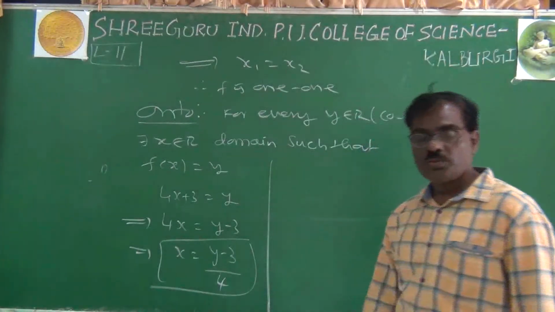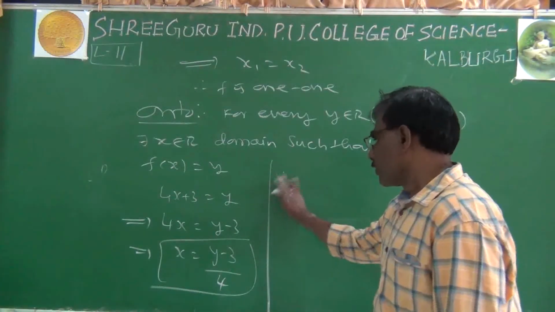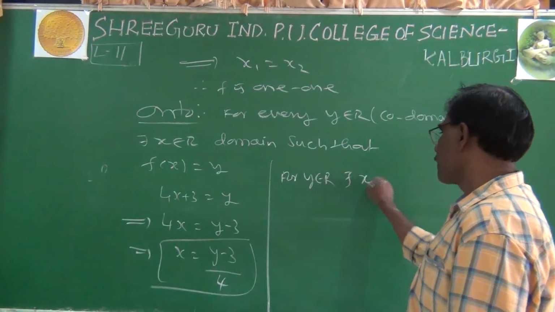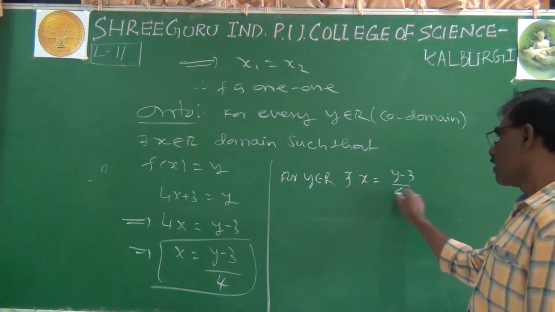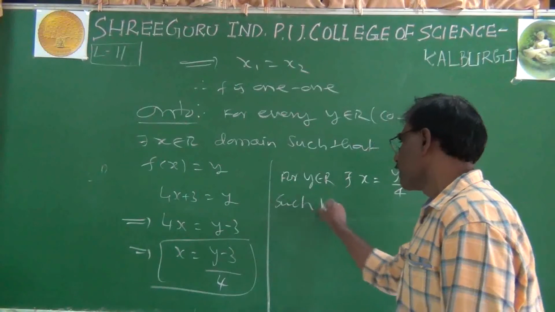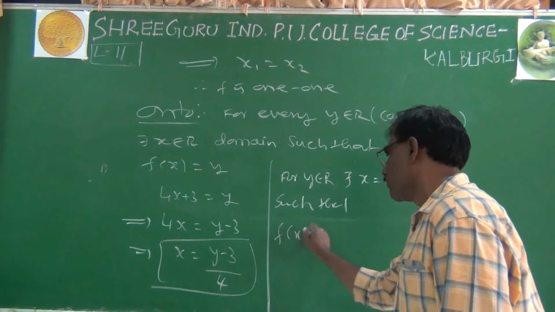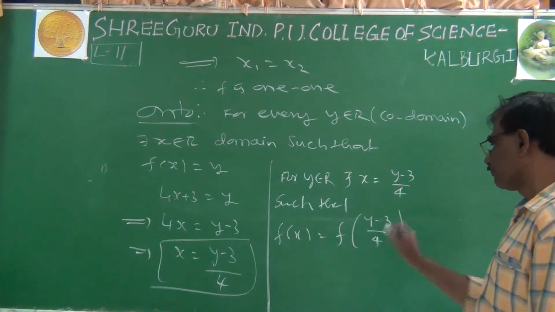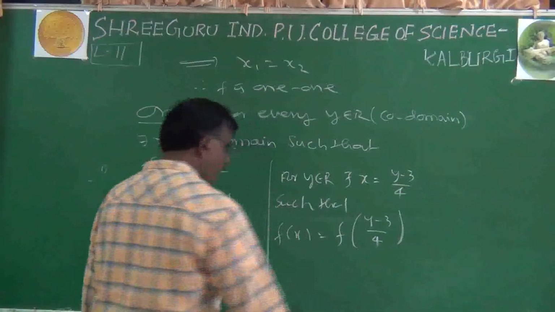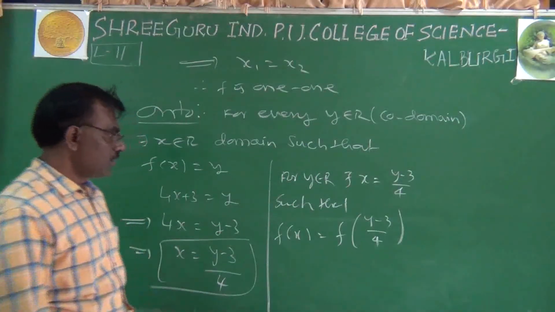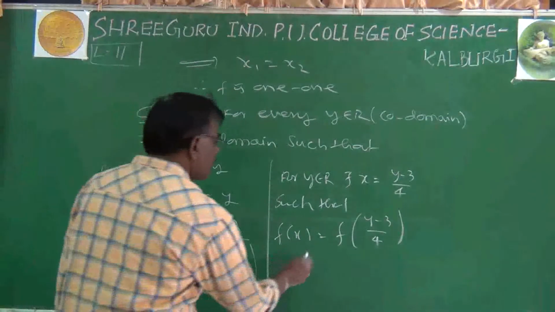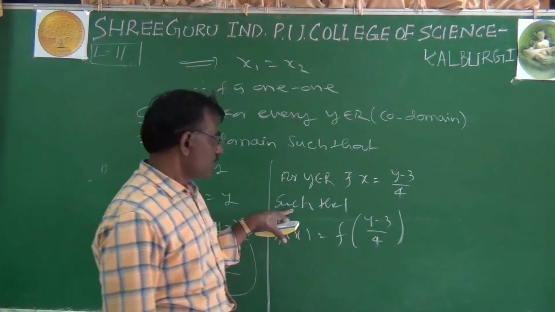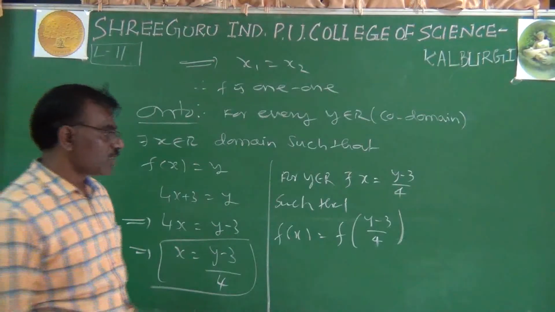Onto means we have to prove f of x is y. Now, for y belongs to R, there exists x equal to y minus 3 by 4, such that f of x equal to f of y minus 3 by 4.